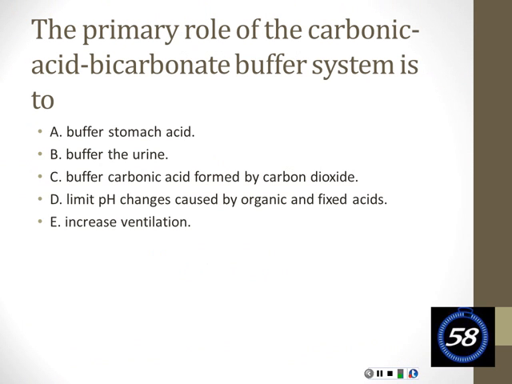All right. So the primary role of the carbonic acid bicarbonate buffer system is to do which of those things?